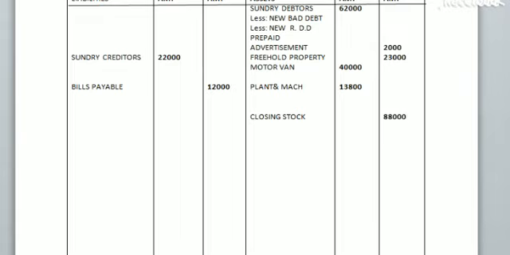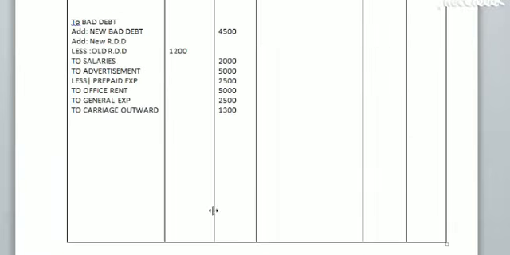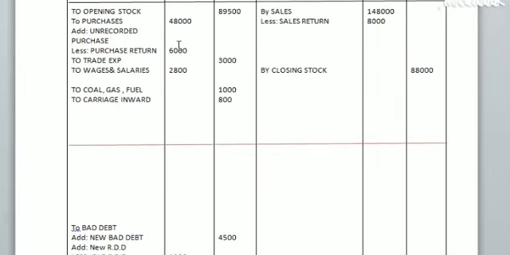Now the next adjustment is goods withdrawn by partner. Rucha and Julie withdrew from business 3,000 and 2,000 rupees. So they have withdrawn cash, it is drawing. First we will write here trading account, credit side after sales return.